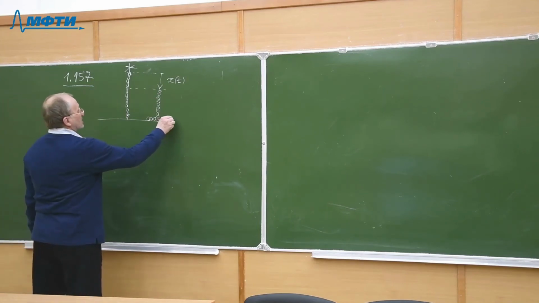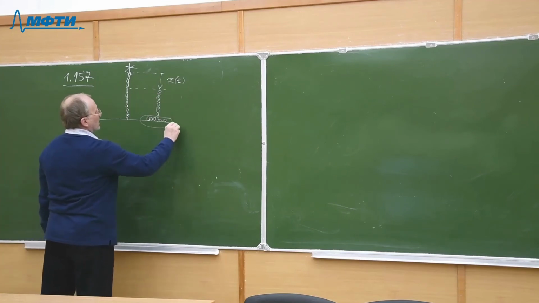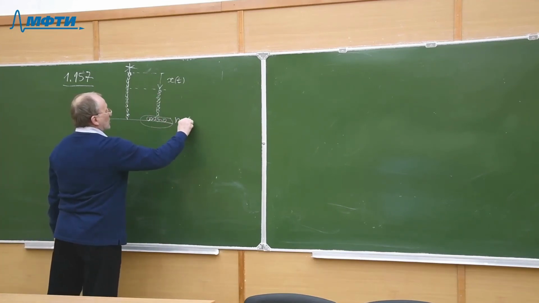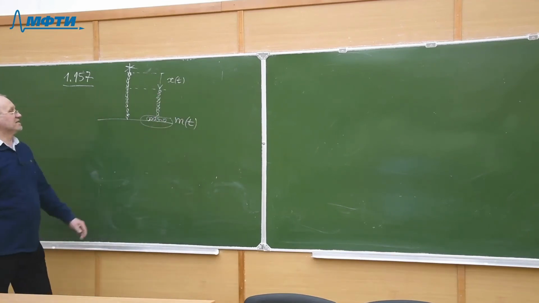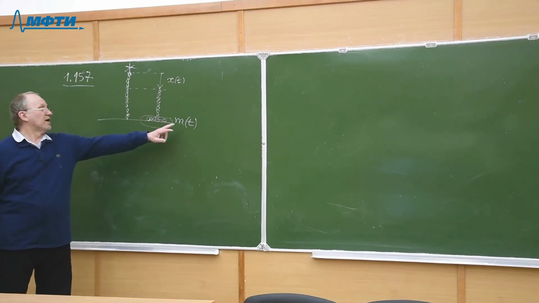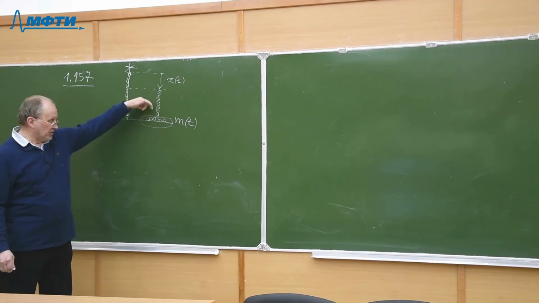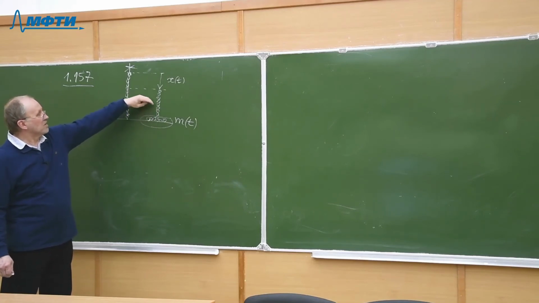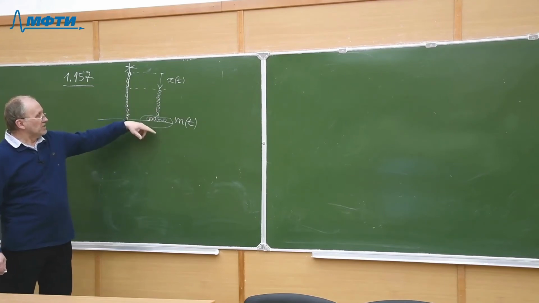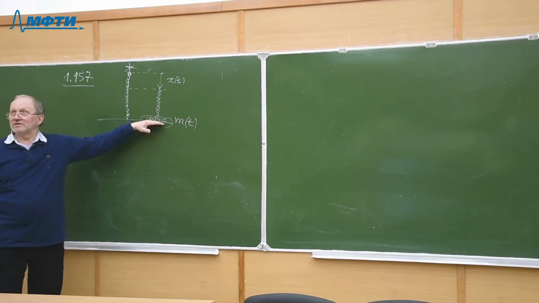So there will be some mass of the chain which is on the table, and this mass is at rest. It doesn't move, and it's a function of time because the chain falls down, and each small interval of time, more and more elements of this chain hit the table and remain at rest on the surface of the table.